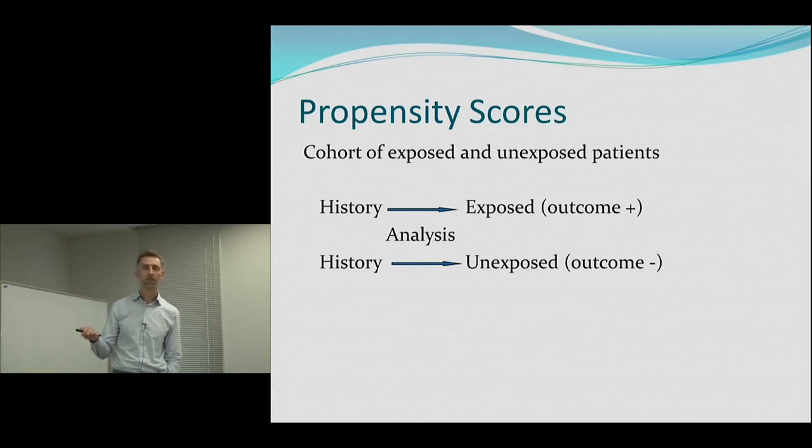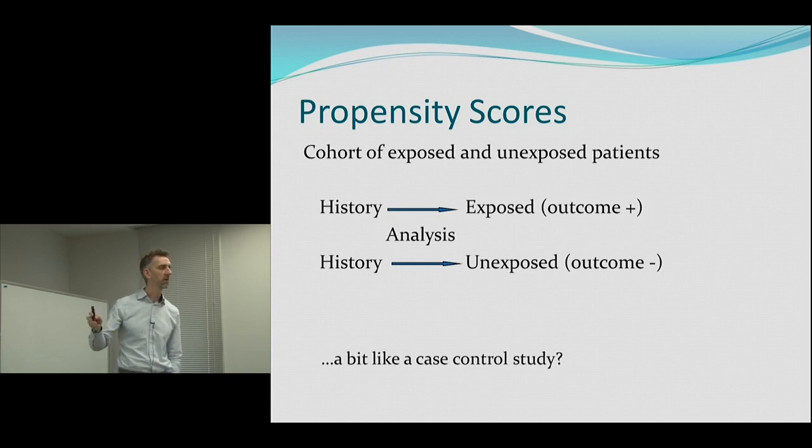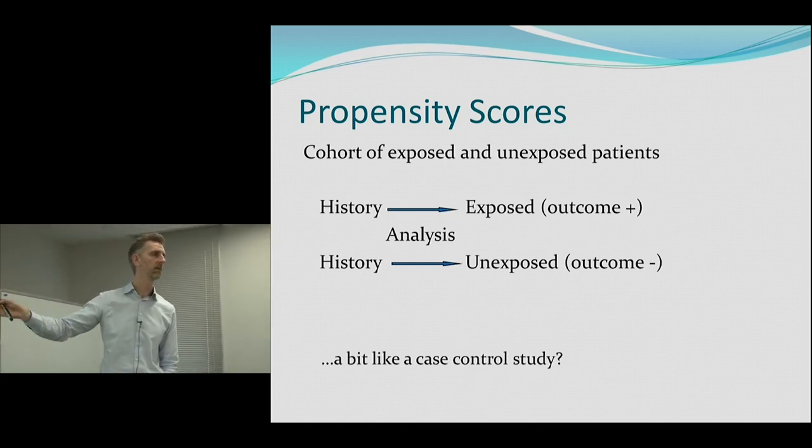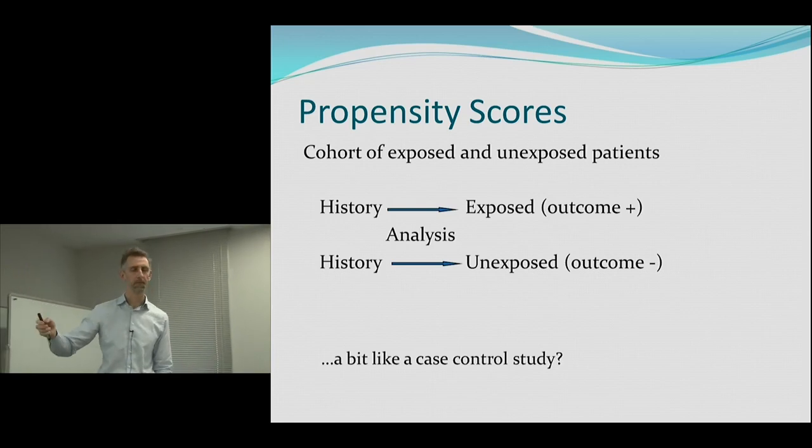So effectively, we treat the exposure itself, so receiving the statin, as an outcome. And we look at what are the risk factors for receiving that exposure. Does that make sense? So it's a little bit like a case control study. So this is the starting point for using propensity scores, that we start just with the exposure and look at the risk factors.